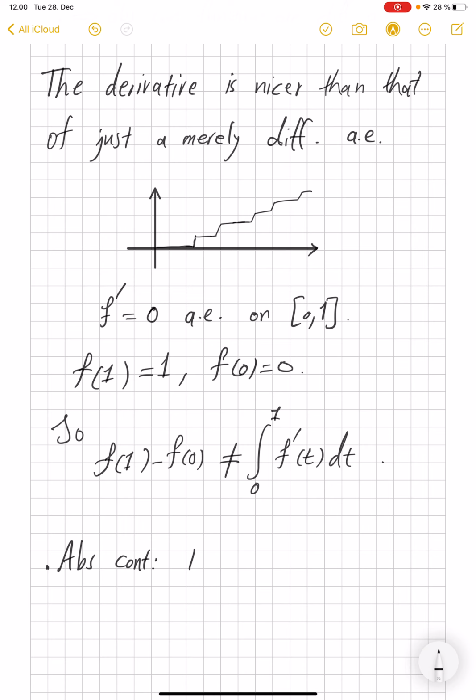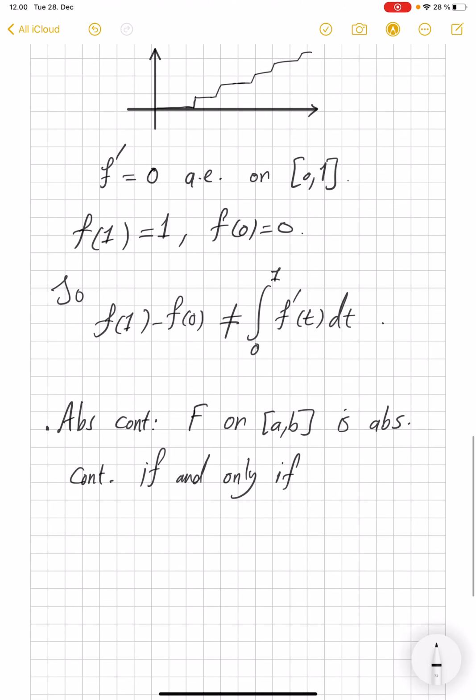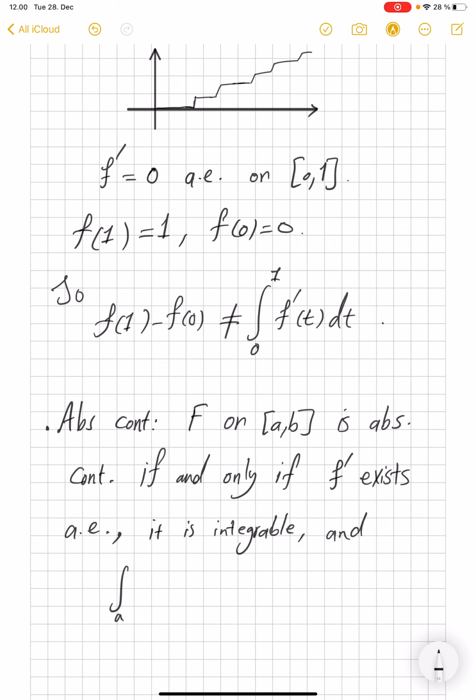So the precise statement is that f, on compact subsets at least, is absolutely continuous if and only if f prime exists almost everywhere, it is Lebesgue integrable, and the integral from a to x of f prime of t dt in the Lebesgue sense is equal to f of x minus f of a for every x in [a, b]. So that's a great characterization of absolutely continuous functions.